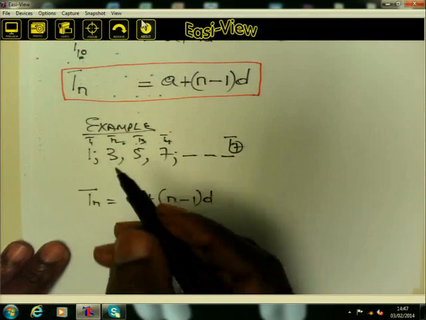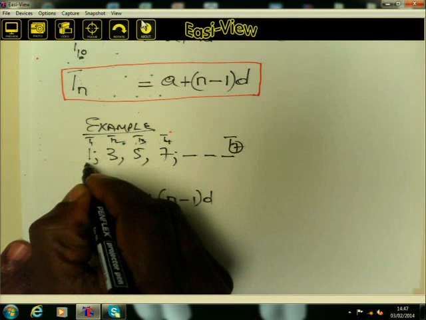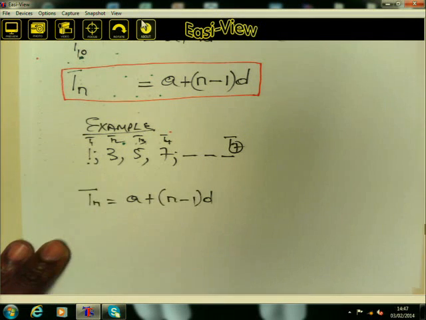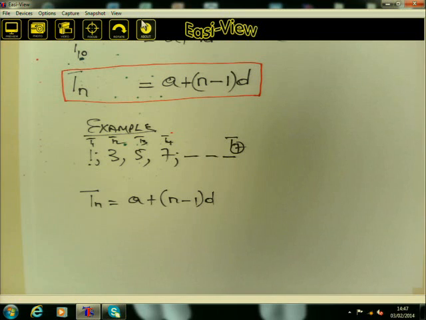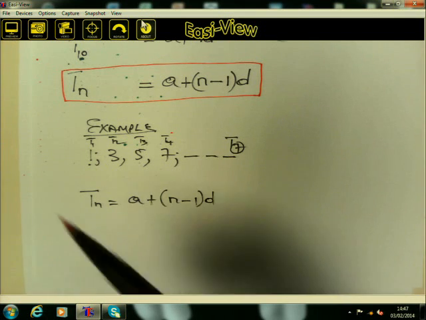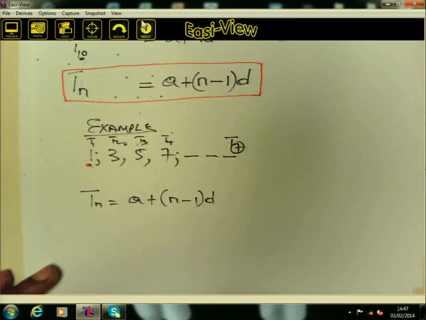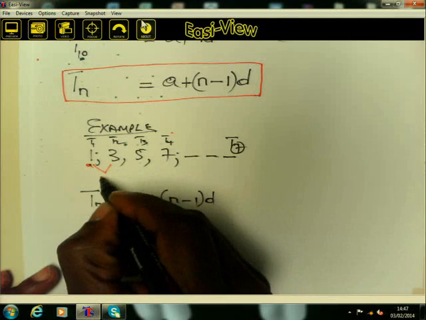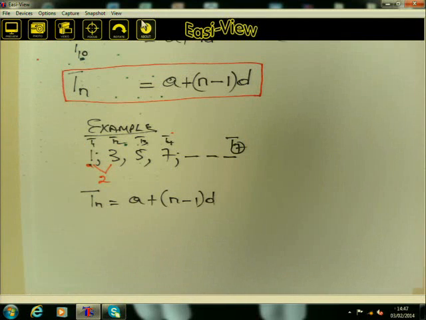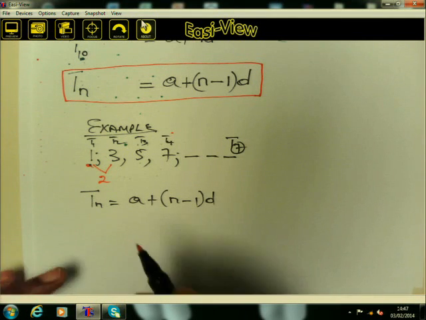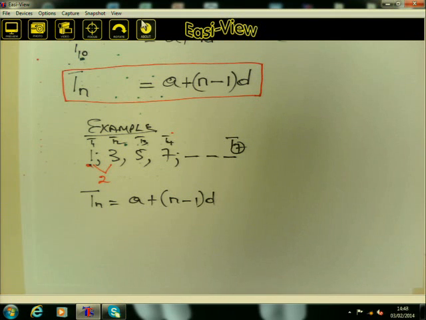Substitution. What is the value of A? A is term number 1. That is our A. And then we know what is the difference there. The difference was 2. So we substitute for Tn.